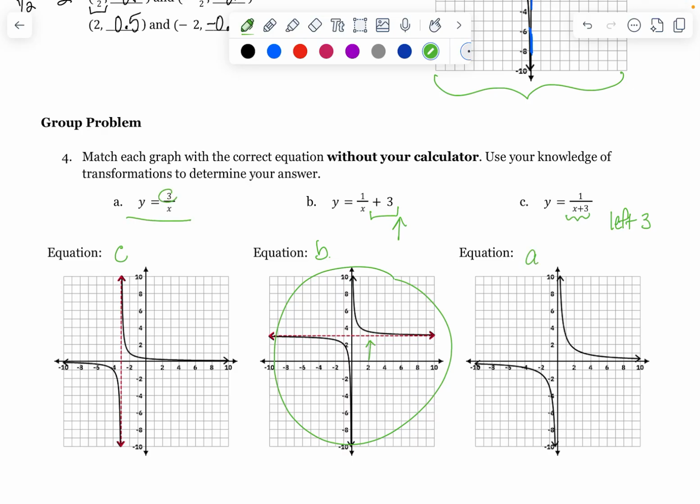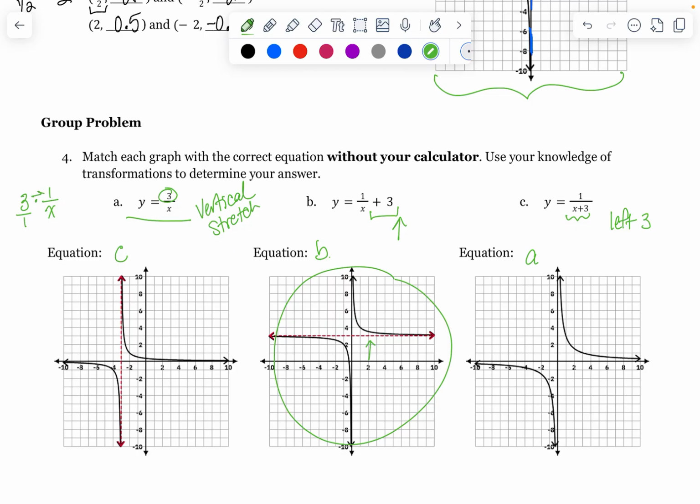This one has 3 in the numerator. This is a vertical stretch by 3, and we can think of it as 3 times 1 over x. When we multiply fractions, we multiply numerators, and I can write this whole number 3 as a fraction of 3 over 1.